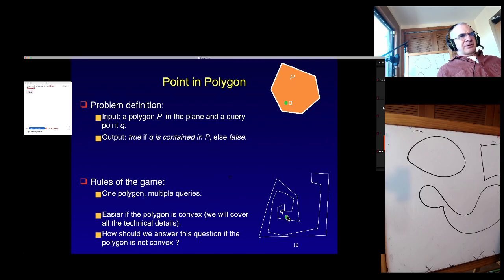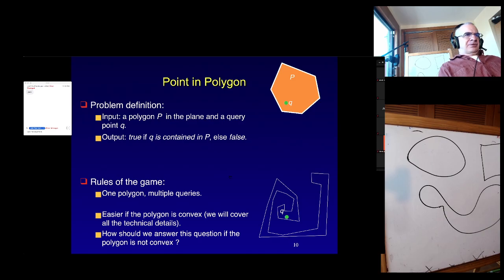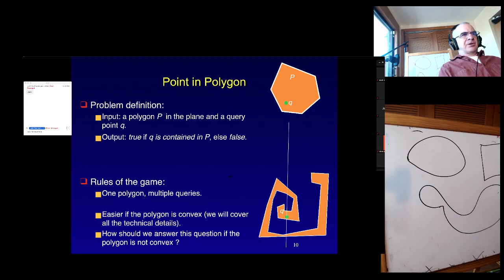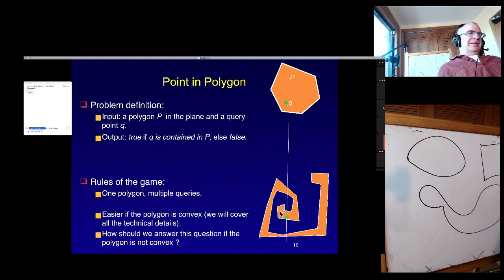Is Q inside or outside? Of course, it's looking confusing this way. The moment that I paint Q orange, it's quite clear, but algorithmically there is a really cute trick that helps me decide if Q is inside or outside the polygon, and that's how it goes. I'll draw a vertical line.